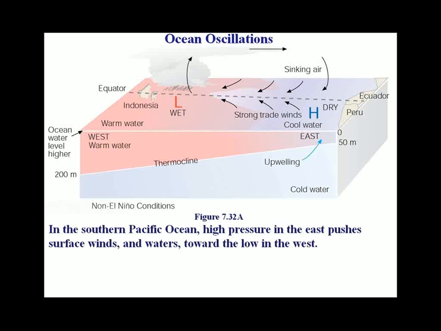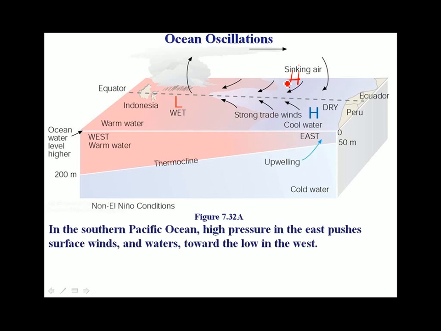Now, how do we get a La Nina type setup? Well, what you're looking at on the CD right now is the normal conditions, the non-El Nino conditions. And so you have very light winds. Again, high pressure.